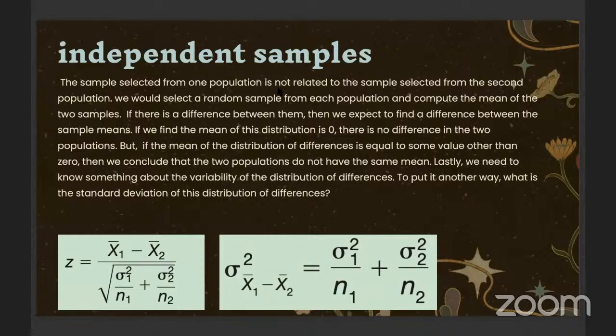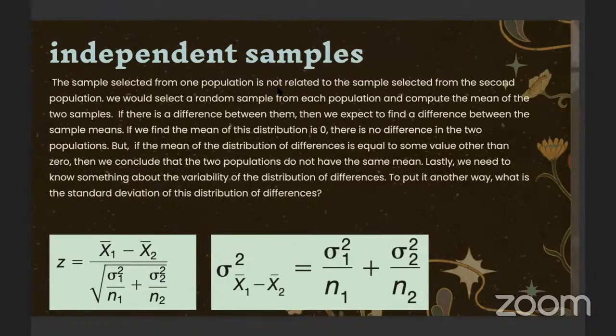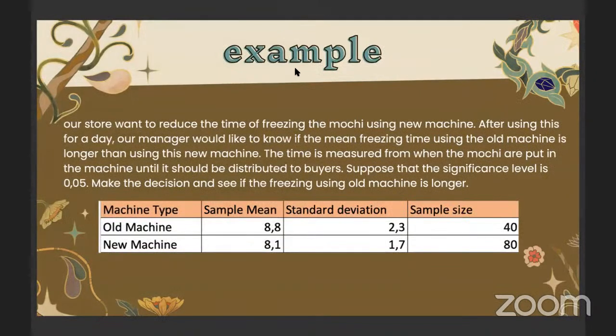The second formula is the variance of x1 minus x2, equal to standard deviation 1 squared divided by n1 plus standard deviation 2 squared divided by n2. And then this is the example.